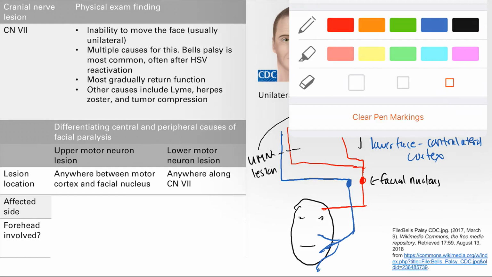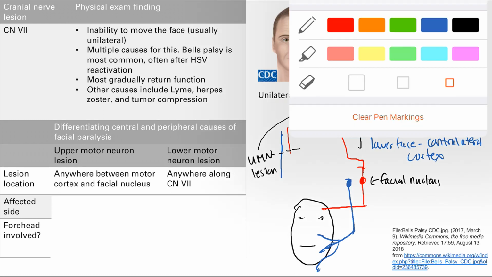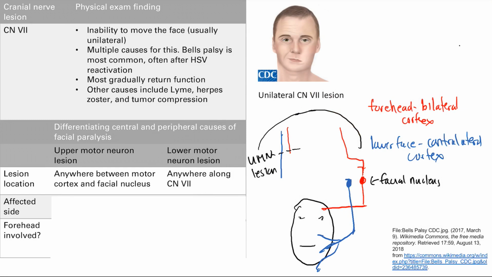Well, let's see what happens. We just cut these two, so these two go away. The upper forehead still has innervation from the other side of the cortex, so the upper forehead still works, but we see that the lower part of the face does not work.